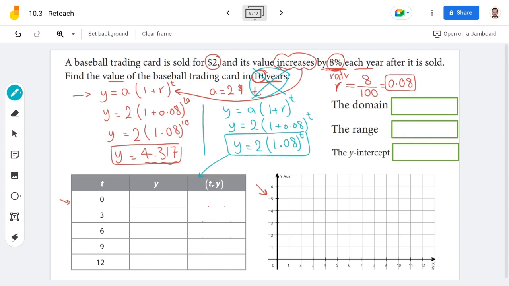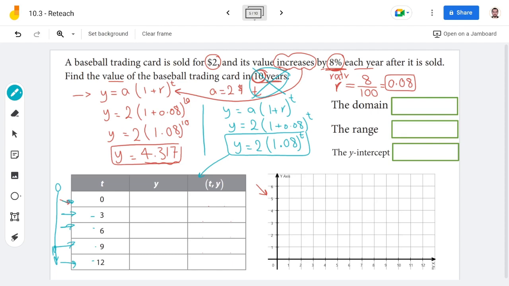Now, let's start representing the table. The table is 0, 3, 6, 9, because we are talking about 10 years. So starting from 0 years to 10 years, but because I'm taking the multiples of 3, 3, 6, 9, 12, it's fine to take more than 10.